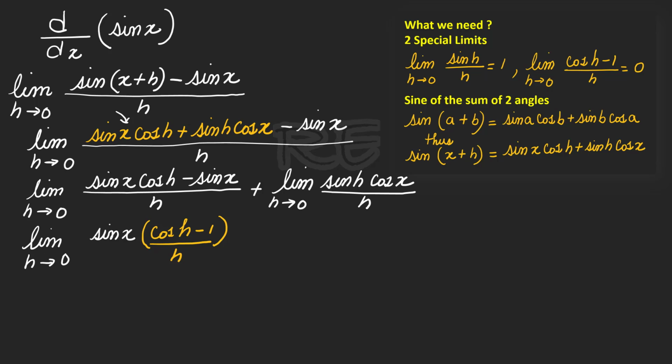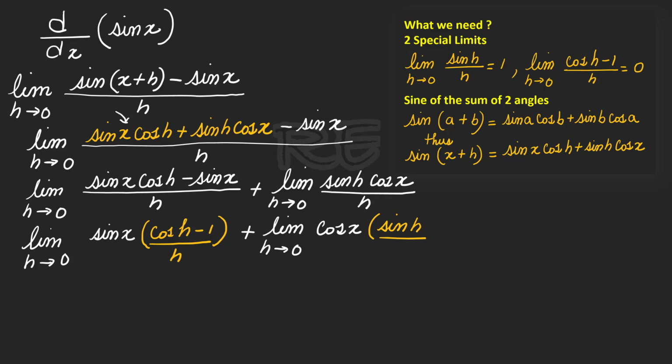For the second term, it's going to be the limit as h approaches 0. We can factor out cosine x times sine h over h.